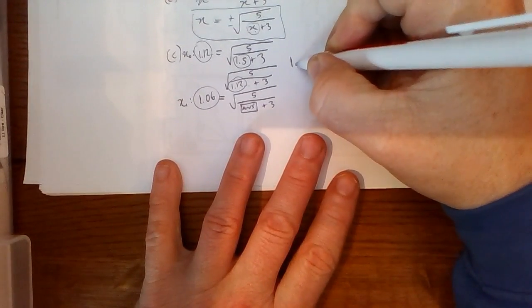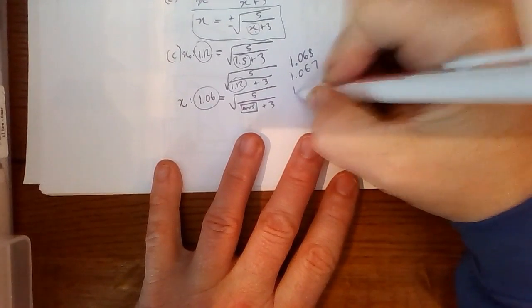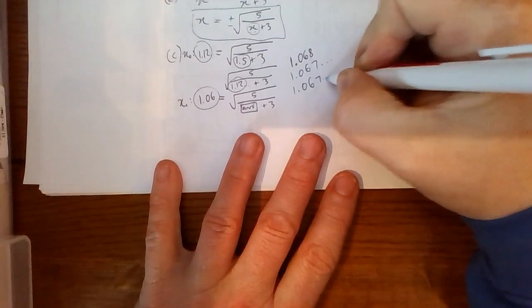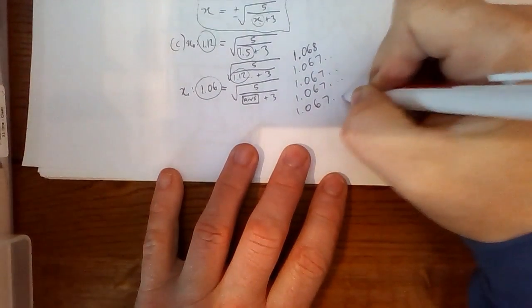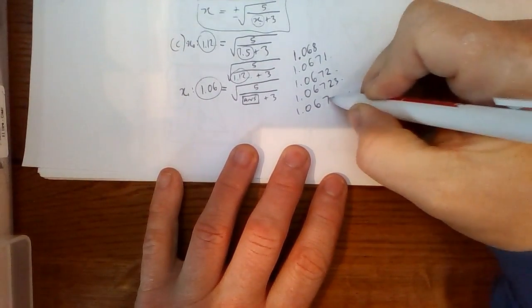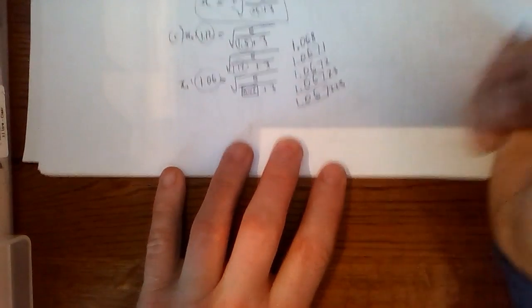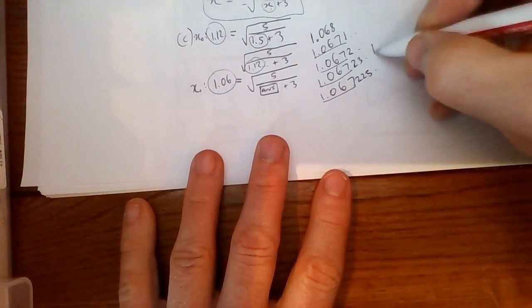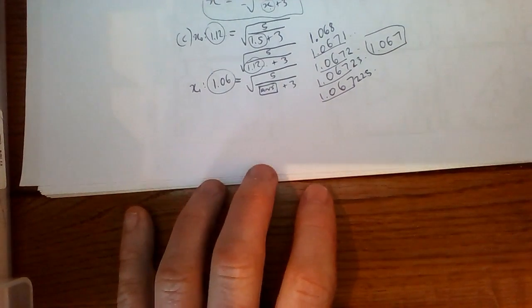So if you wanted the answer to 4 significant figures, and you see that it's this, then it's this, then it's this, with only these digits changing, but with these staying the same, then you can be confident that one answer is 1.067 to 3 decimal places, or 4 significant figures.